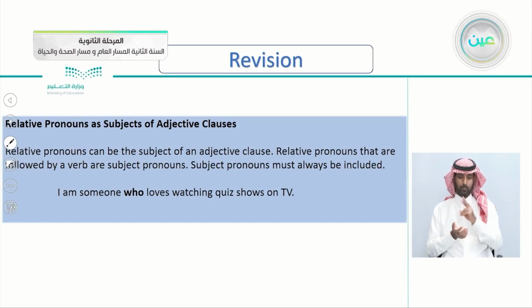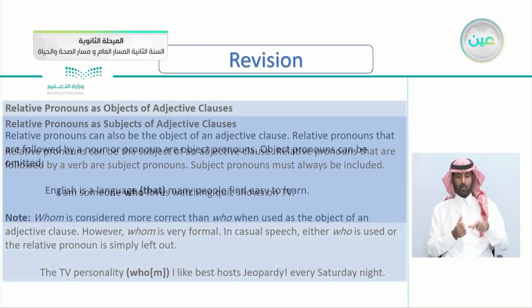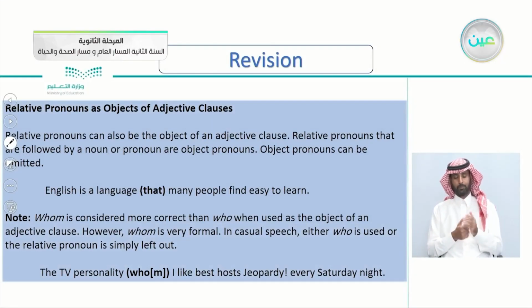Like the example here, I am someone who, this is the relative pronoun, who loves watching quiz shows on TV. So who here is acting as a subject of adjective clauses. Then we took again these relative pronouns as object of the adjective clauses, just like this example here. English is a language that many people find easy to learn.